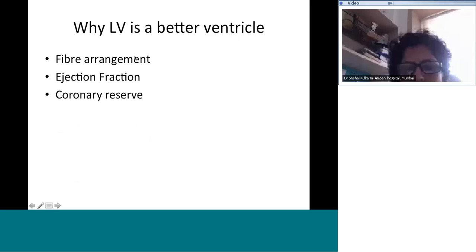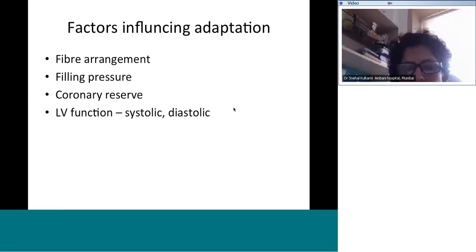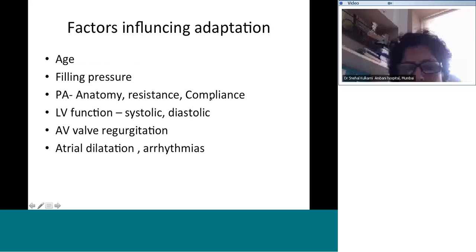I won't go into too much detail today, but in a single ventricle situation, we always consider the left ventricle a better ventricle because of its fiber arrangements, ejection fraction, and coronary artery reserve, because all these are important for ventricular function, which will reduce or control the left ventricular end diastolic pressure and eventually pulmonary artery pressure.